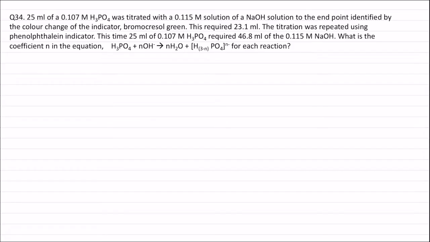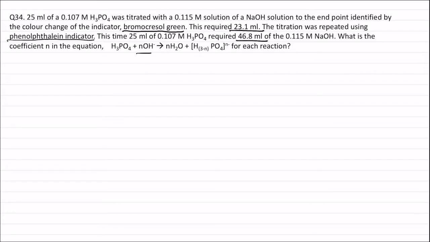Now in this question, when the titration was done using the indicator bromocresol green, the volume of NaOH solution required for the titration was 23.1 milliliters. And when the titration was repeated using phenolphthalein indicator, the volume of NaOH required was 46.8 milliliters.